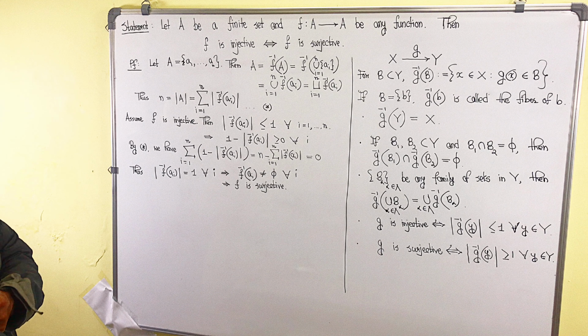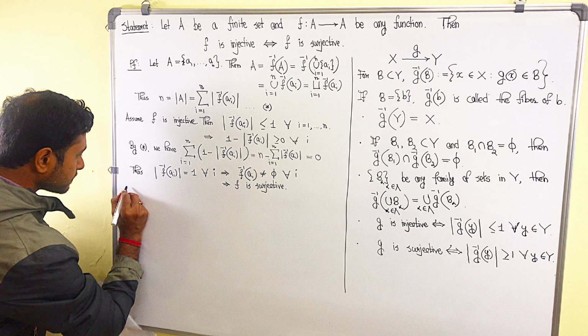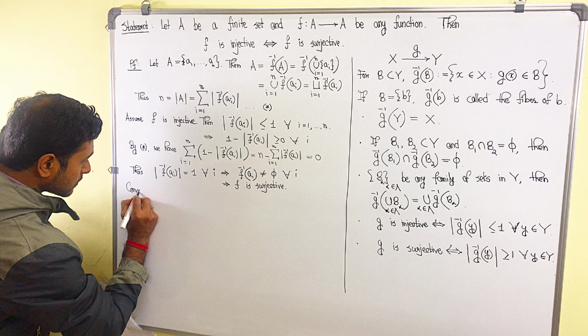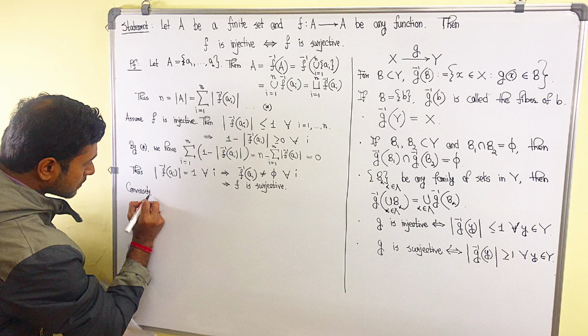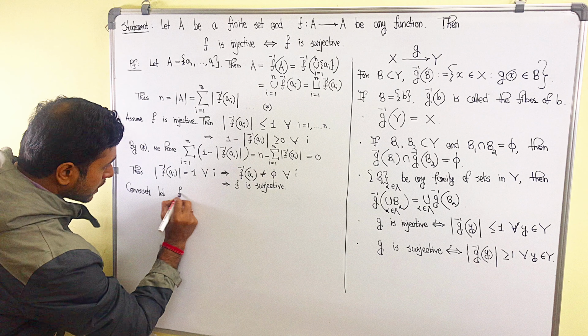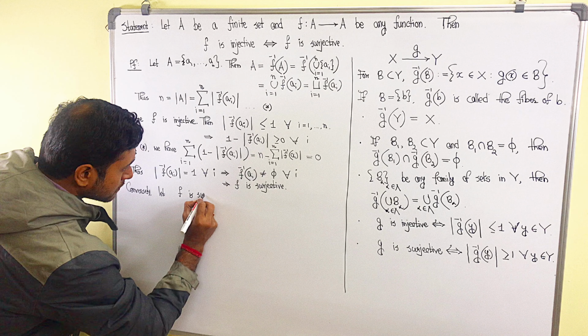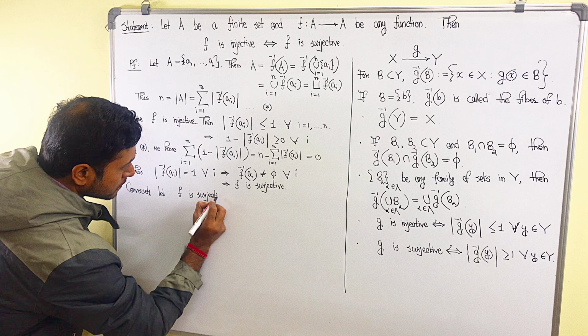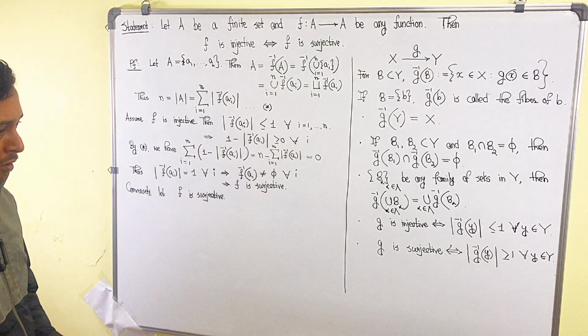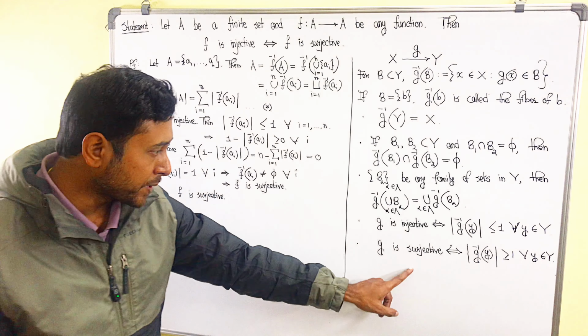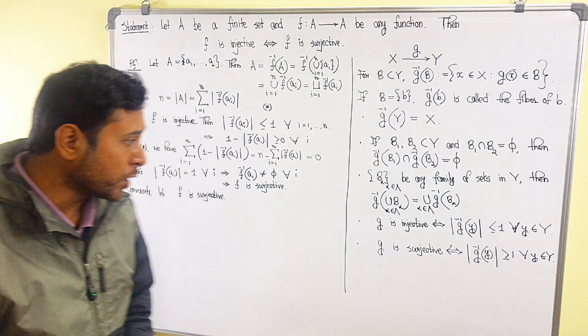Now let's try to prove the other way. So conversely, let f be surjective. Then again by our observation, f is surjective if and only if each fiber has at least one point.